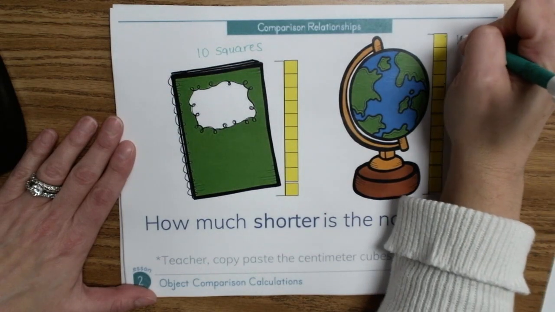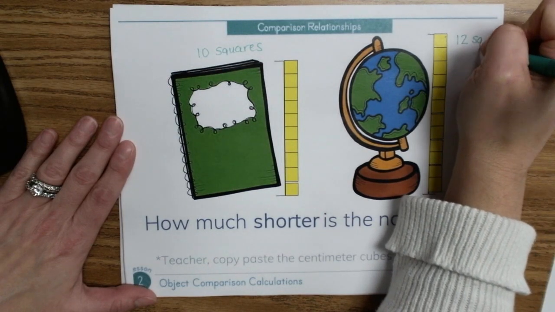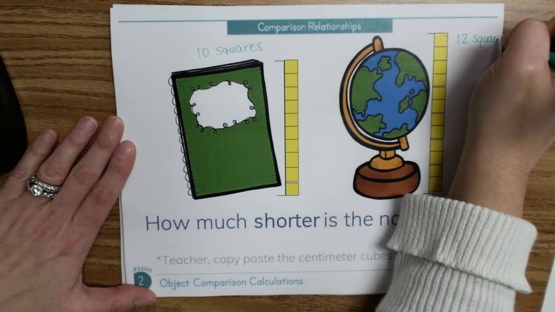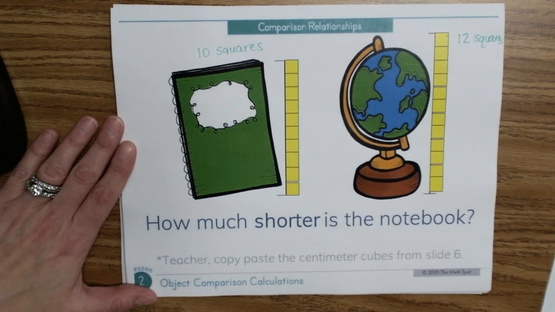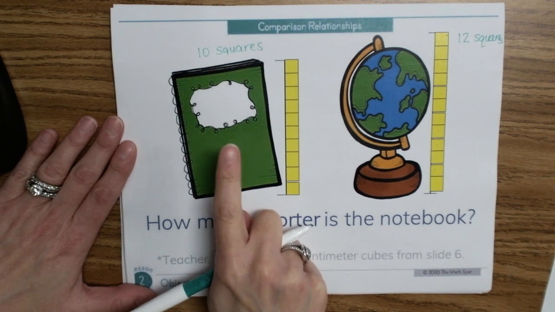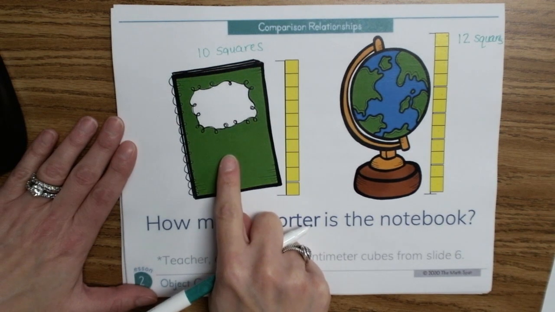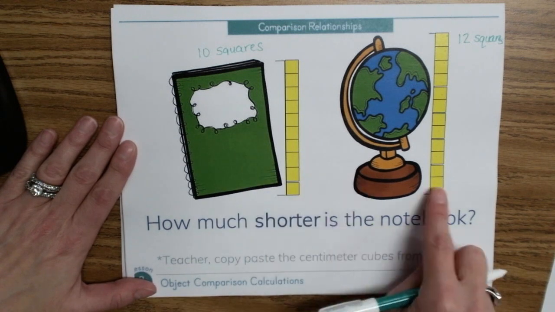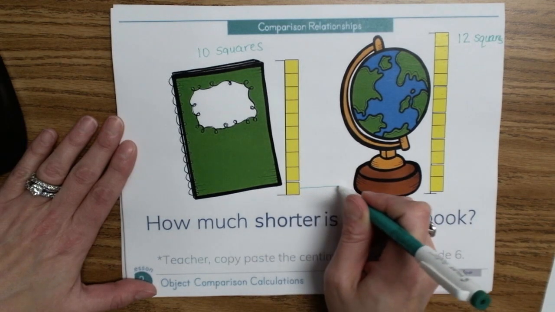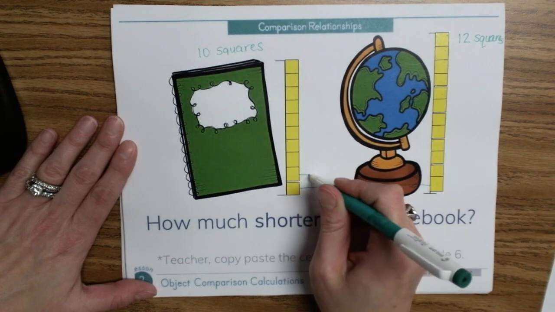Our globe is 12 squares. Well, we know that our notebook is shorter. We know he is. But by how much? So remember, we're going to do exactly what we did before. We're going to match them up until we have nothing left to match.